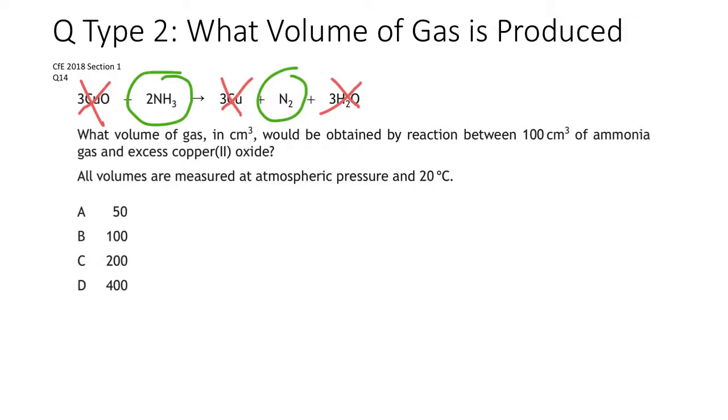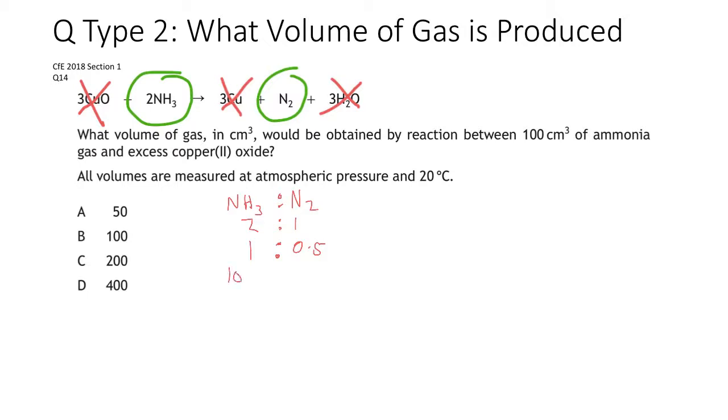And that's much simpler for us now. Our mole ratio, ammonia to nitrogen, is 2 to 1. So for every 1 mole I have of ammonia, I'll have half a mole of nitrogen. So that means the volume of nitrogen will be half as much as the volume of ammonia.